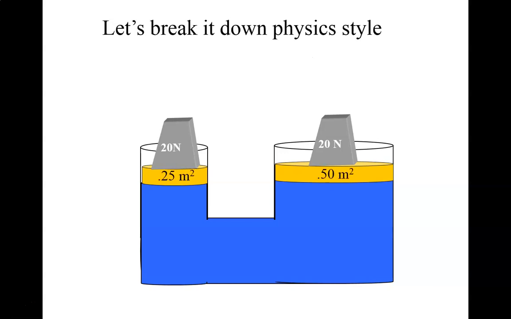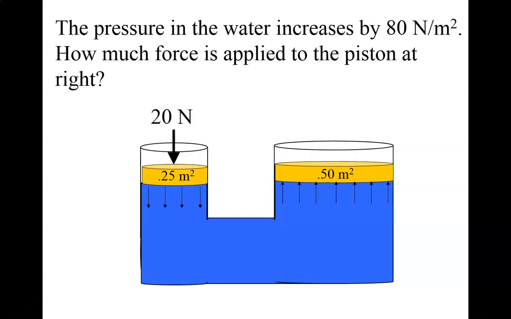Concentrate that force. So let's break it down physics style. How much pressure am I generating when I push down with this? Well, 80 pascals again. So 80 pascals of pressure here.